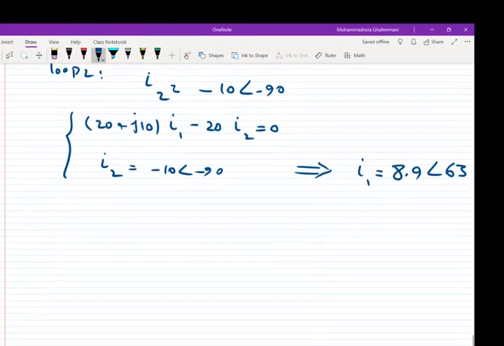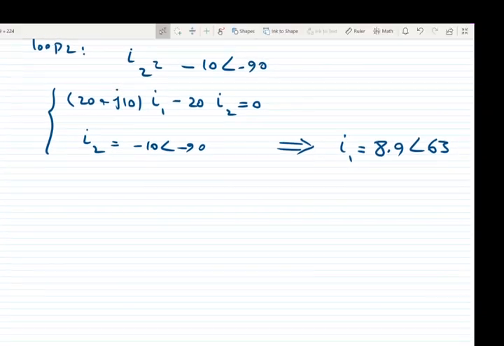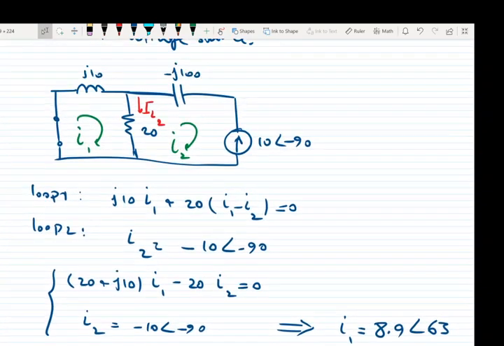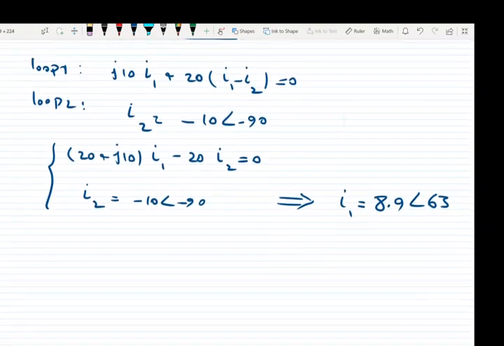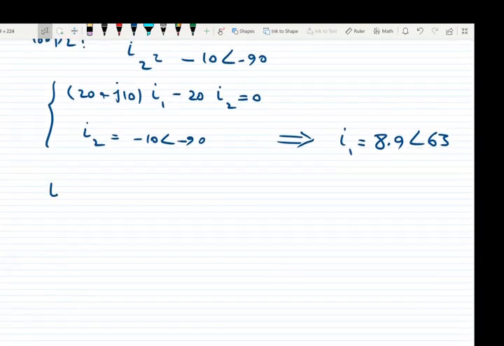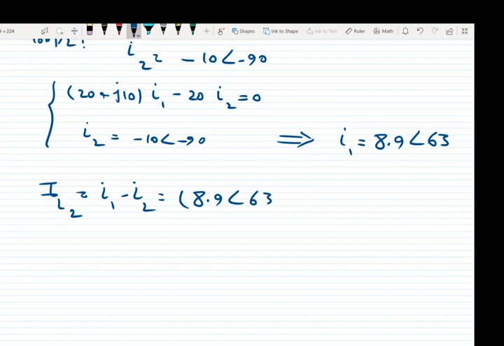Okay, we got I1 and I2, but we want to find IL2. What is IL2? IL2 is I1 minus I2. So IL2 is equal to I1 minus I2, which is equal to 8.9 angle of 63 minus negative 10 with the angle of negative 90.